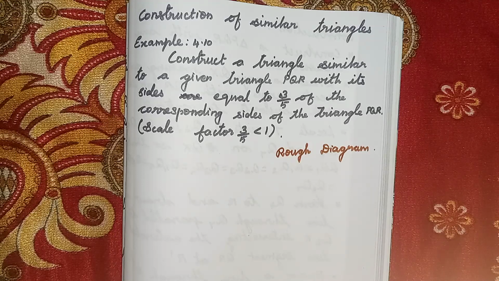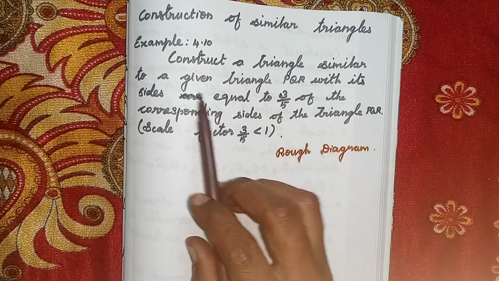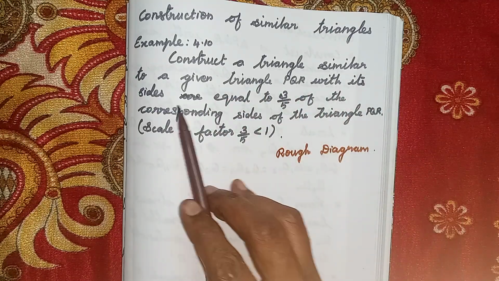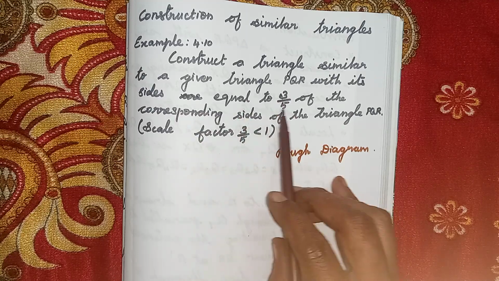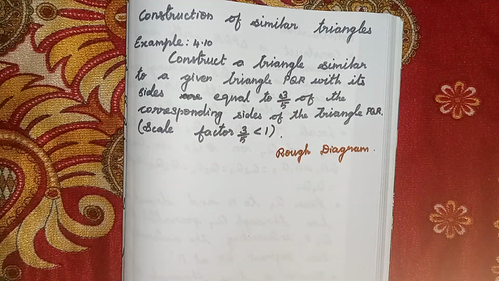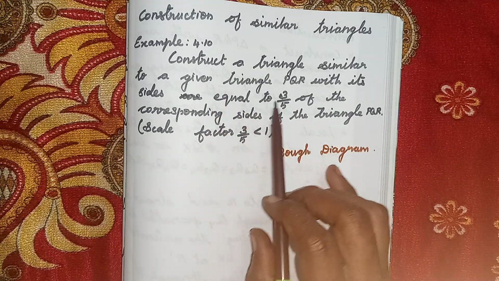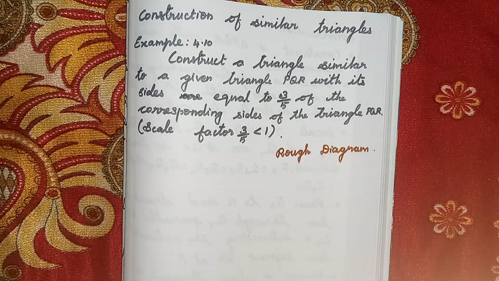Now, the question is, construct a triangle similar to a given triangle PQR with its sides equal to 3 by 5 of the corresponding sides of the triangle PQR. First, we have to write the given.